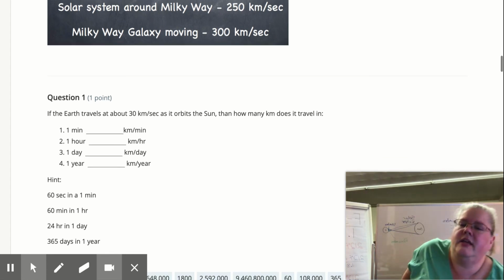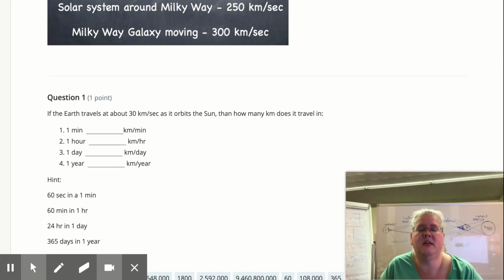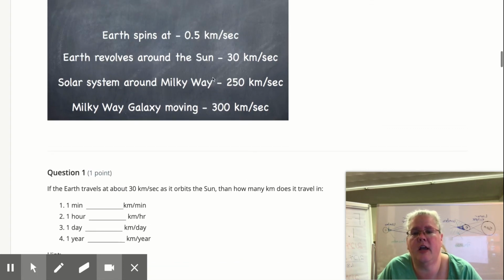Now, here is where you're going to pause the video and go do these questions. If the Earth travels at about 30 kilometers a second in its orbit of the sun, how many kilometers does it travel in 1 minute, in 1 hour, and 1 day? Remember that we're talking about 30 kilometers per second, so it travels 30 kilometers for every second.